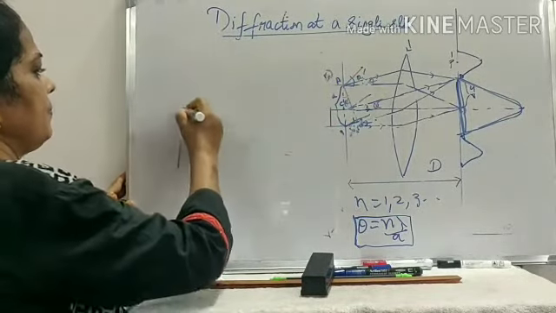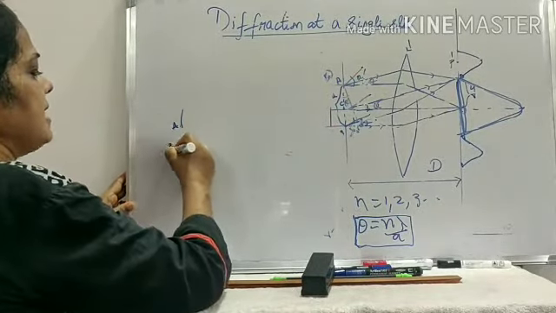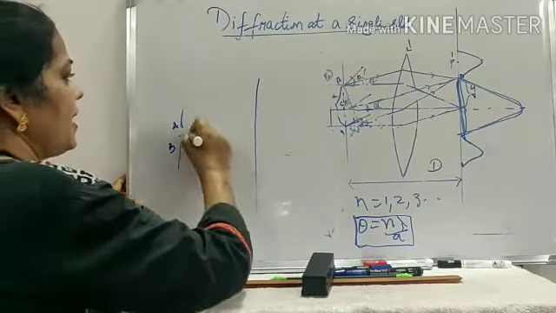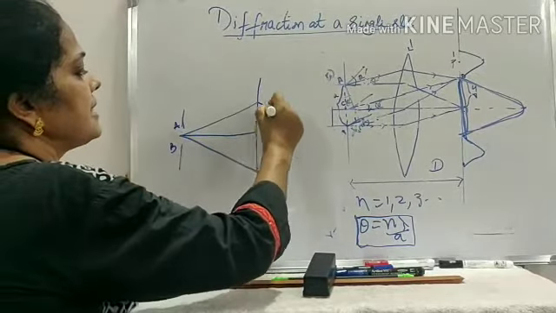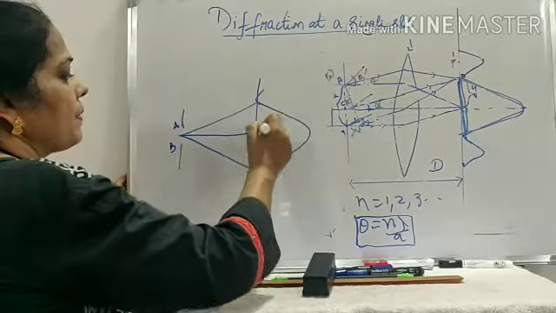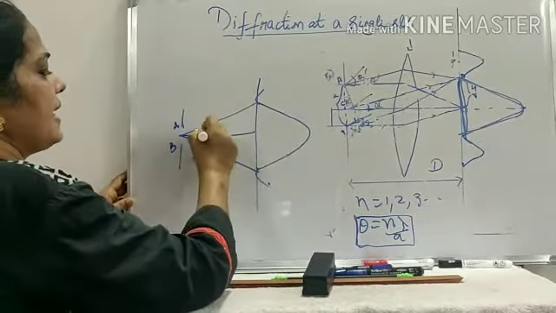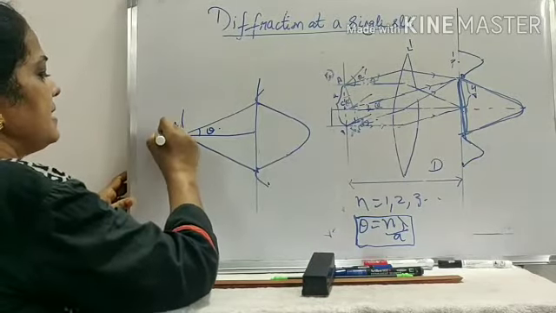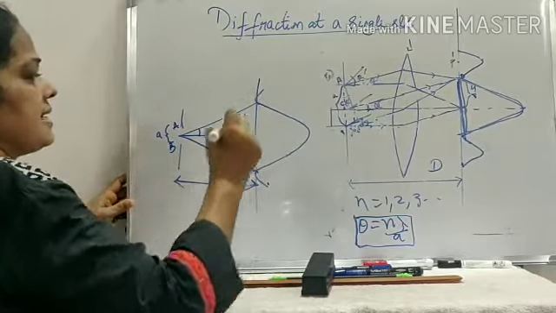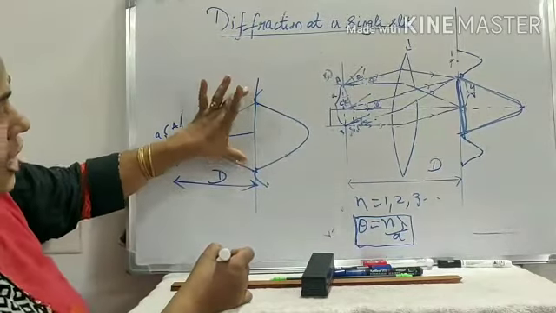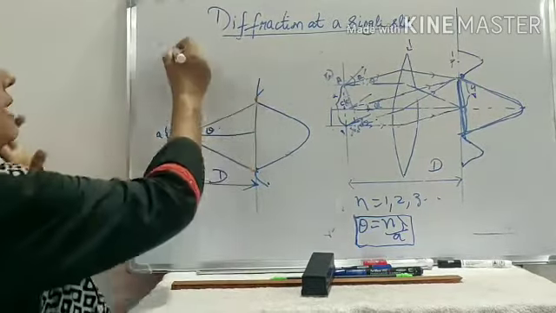This is the slit. AB is the slit. You get a screen over here, and this is the central maxima. So this angle is theta, this distance is A, and the distance between the slit and the screen is D. We are going to find out what is the width of the central maxima.